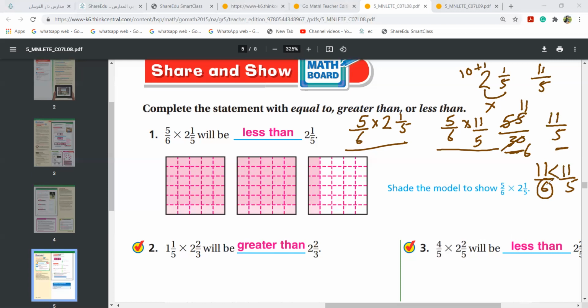That's why 11/6, because if you make something into 6 parts, 1, 2, 3, 4, 5, and 6, and you take this part, it is small. For example, girls, if I make a pizza into 2 halves, and the other pizza into 4 parts, which piece is bigger?